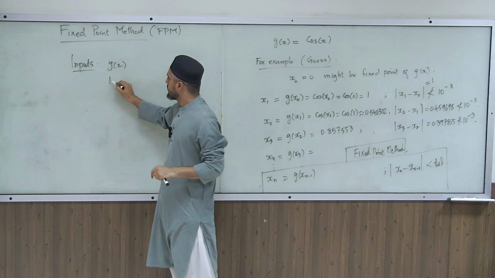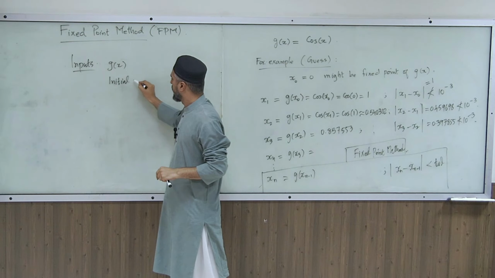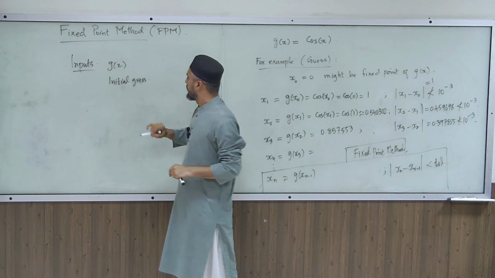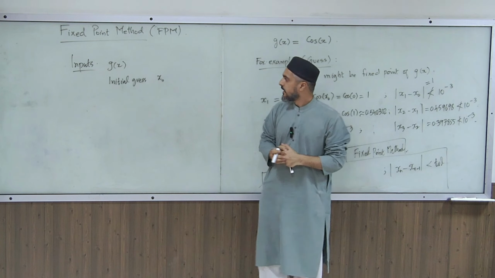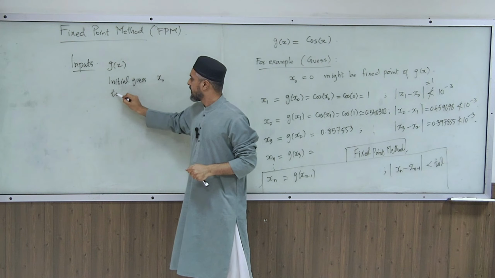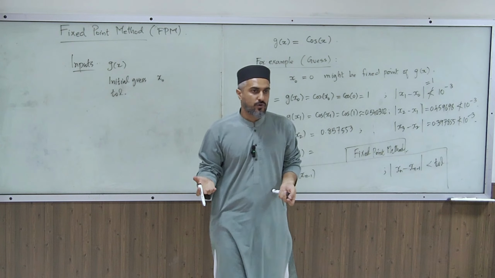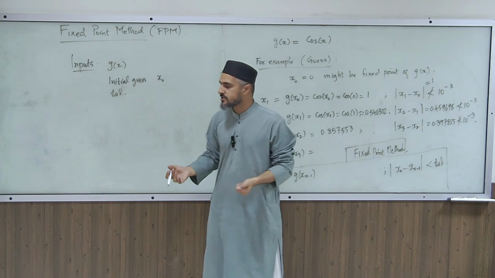So I need an initial guess. Let me call that x naught. And also I need an accuracy by which you want a solution. These are the inputs.